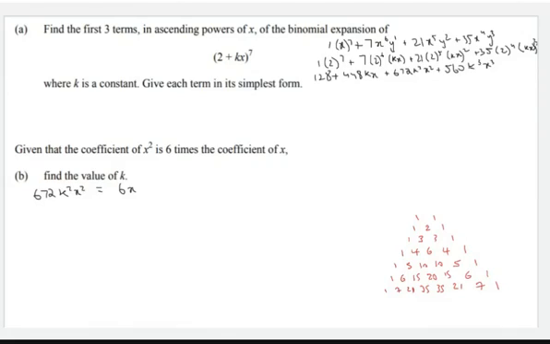And then the coefficient of x was 448k. So you'd put 6 times the. Okay, I see.